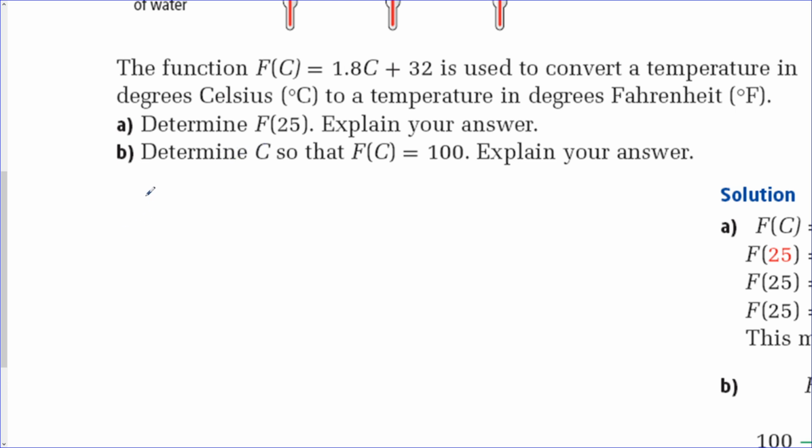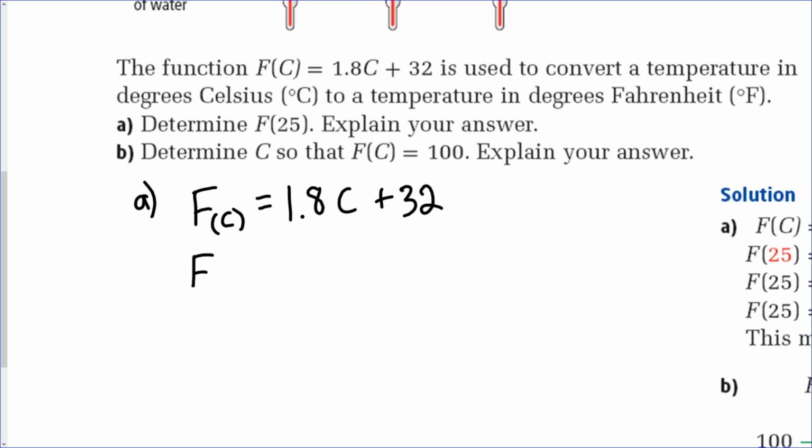It's really easy, and I could just pull over the solution, but I'm going to do it step by step. So I'll start by rewriting my equation. f at c is equal to 1.8c plus 32. We care about when c is equal to 25, so I'll replace my c's with 25. So f at 25.